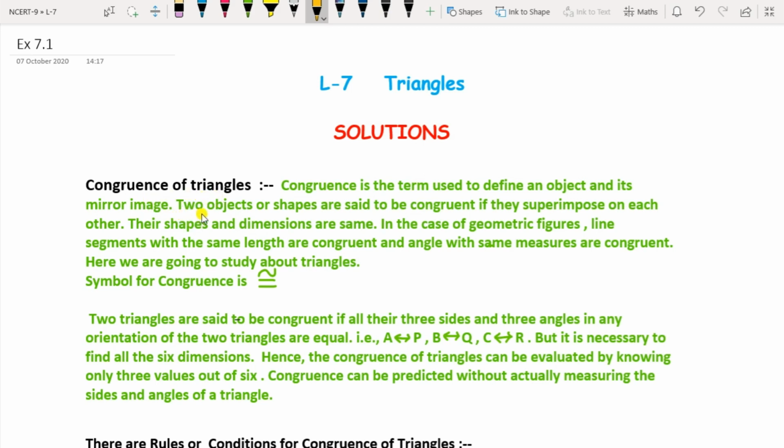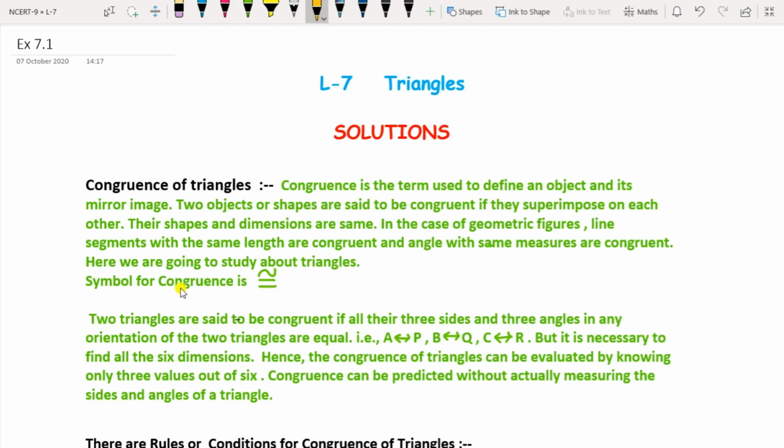Two objects or shapes are said to be congruent if they superimpose on each other, and their shapes and dimensions are the same. In the case of geometric figures like line segments, if they have the same length, they will be called congruent, and angles with the same measures will also be called congruent angles. In this lesson we are going to study the triangles.